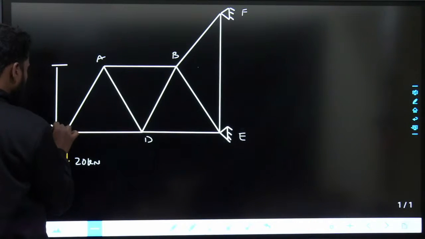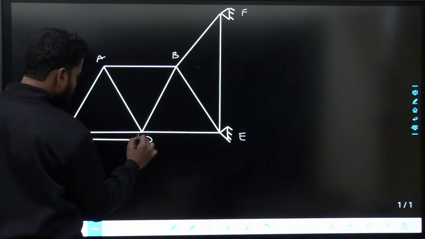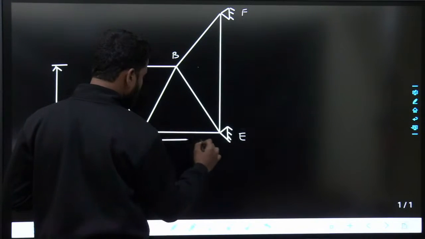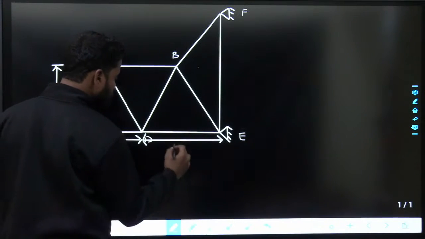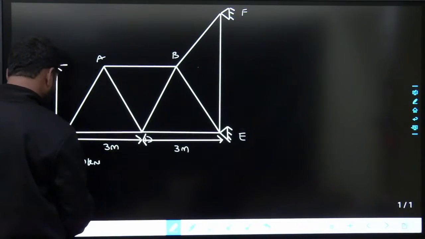This is 3 meters. This one is also 3 meters.